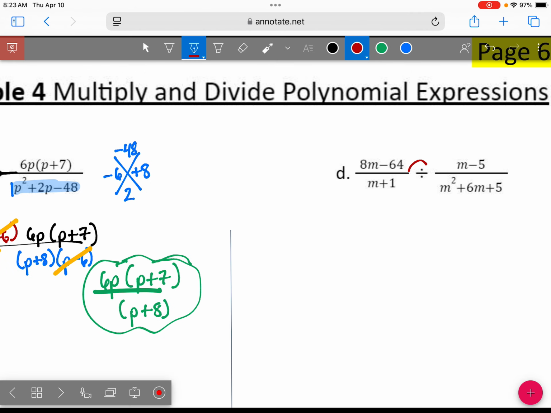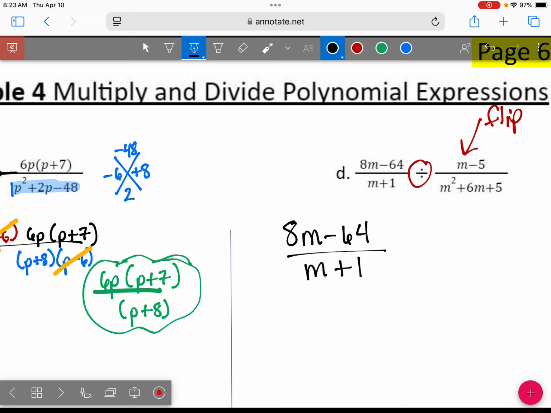Because this is division, this one has to flip. Okay, so that's different. So I'm going to start by doing a rewrite. The first fraction stays the same. Keep the first fraction the same, change division to multiplication, and then flip.